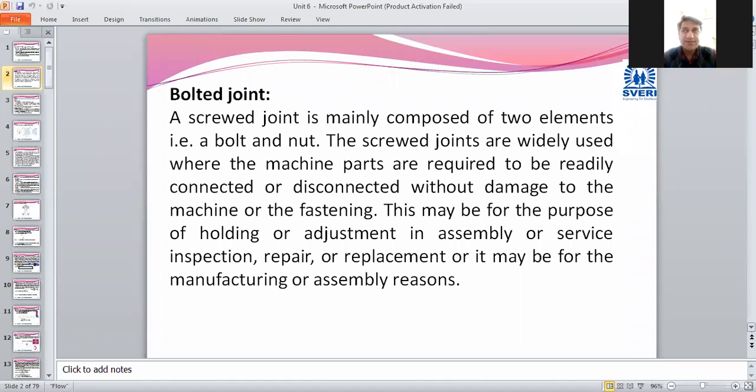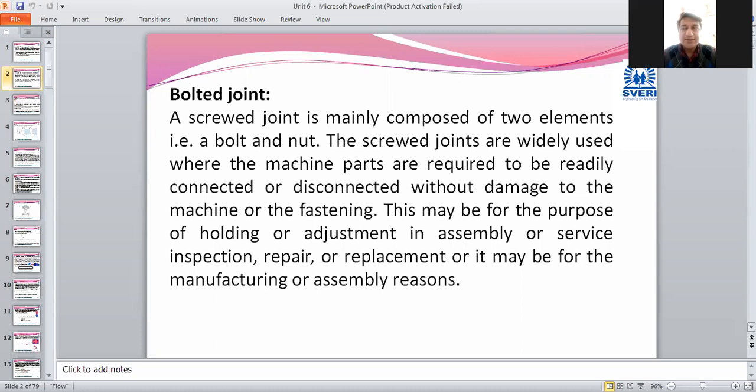So in that case, you can take the example of a simple study table, in which one square frame or rectangular frame is connected with the vertical members. Okay, that is the legs of the table. And that is permanently connected with the frame. Later on, you are going to put the top, but those members are connected with each other permanently so that we can fulfill our requirement.